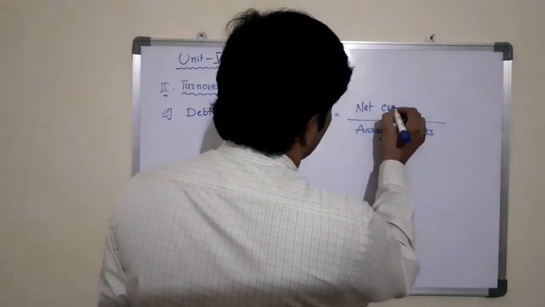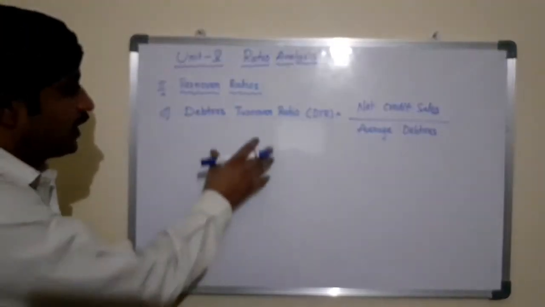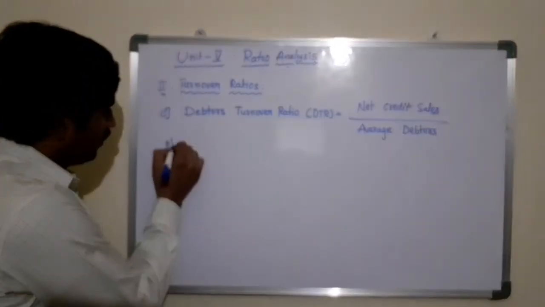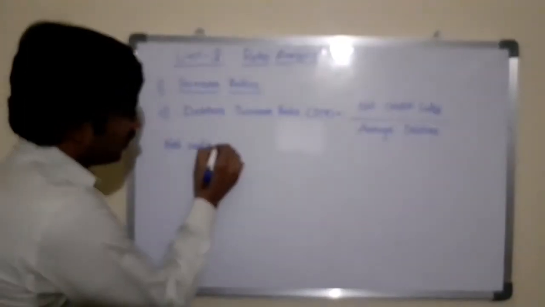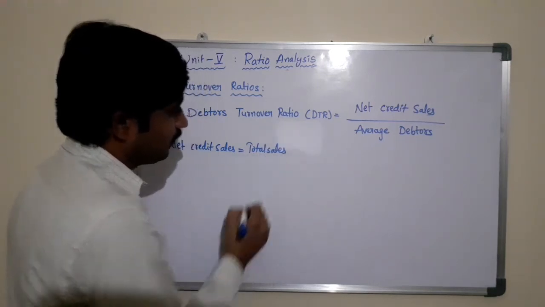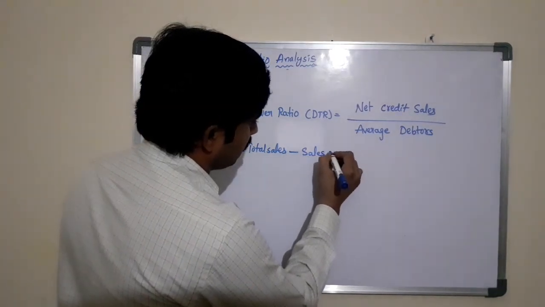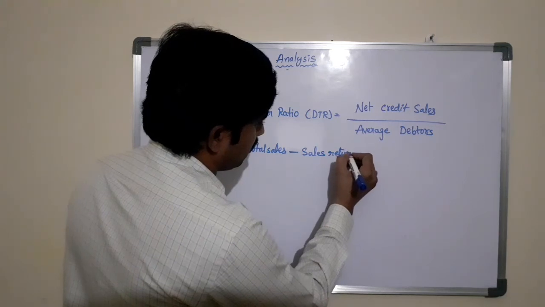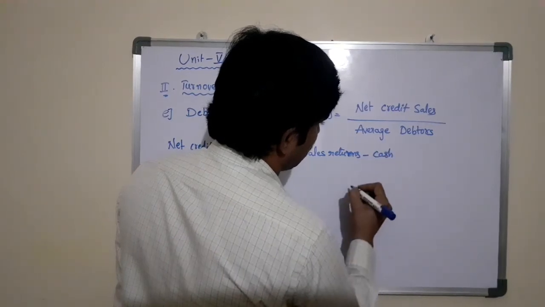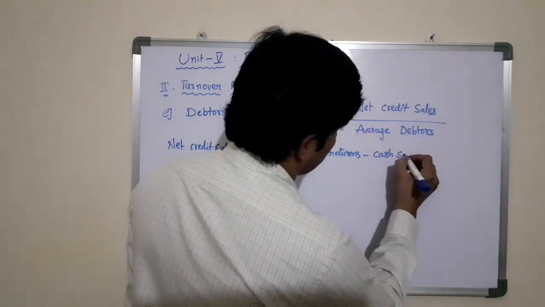The formula for calculation of debtors turnover ratio is net credit sales by average debtors, where net credit sales equal total sales conducted during that period minus returns from the customer, that is sales returns, minus sales conducted on cash basis, that is cash sales.